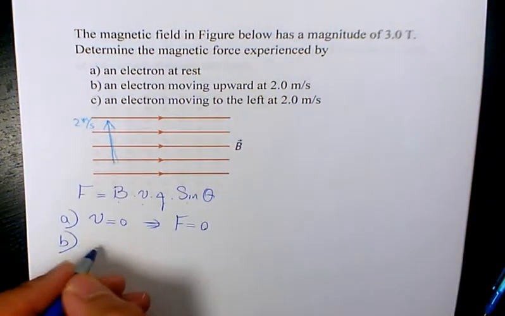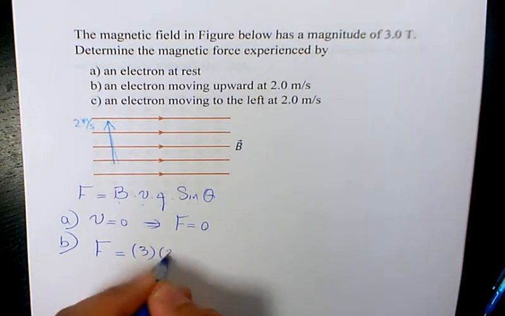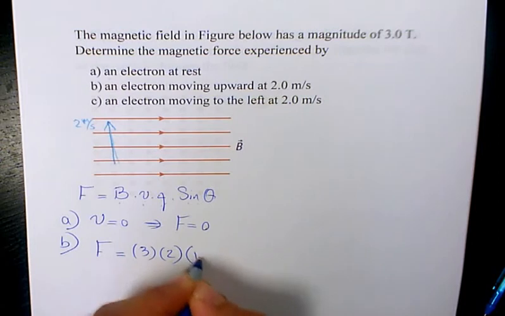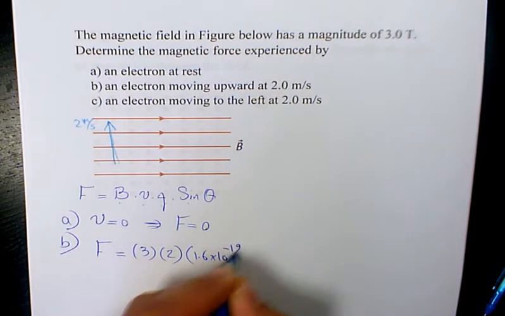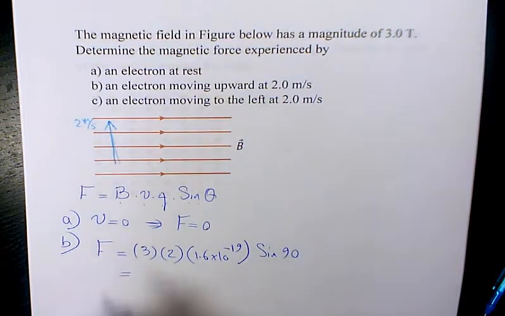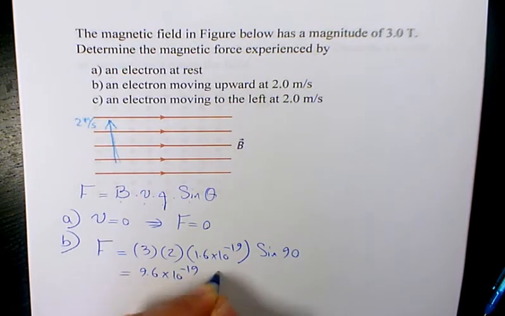So F equals 3 times 2 times the charge of electron, 1.6 times 10 to the power of negative 19, times sine 90, which is going to be 9.6 times 10 to the power of negative 19 Newton.